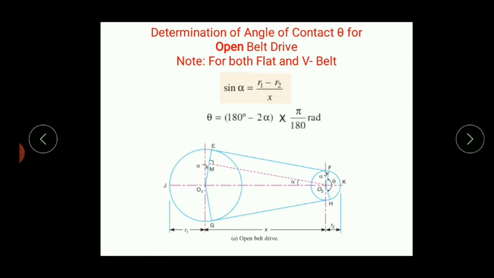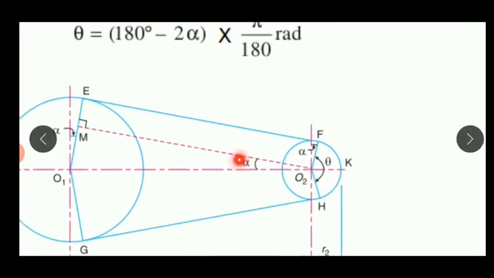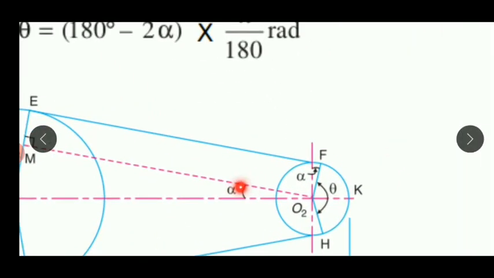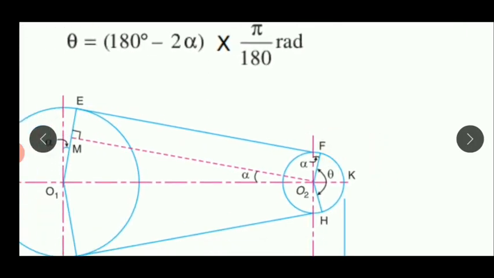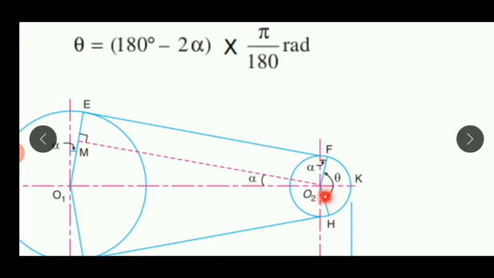Then to calculate theta, just observe here how much is theta. The angle made between the vertical line at the center up to here is 180 degrees. So to calculate theta, on the above side there is alpha, on the lower side there is alpha.